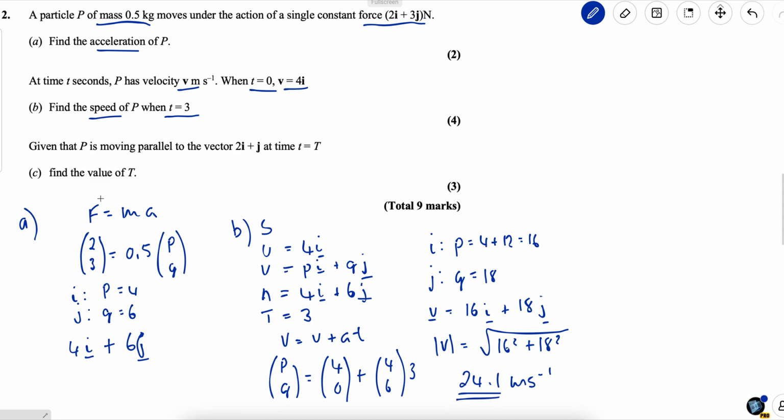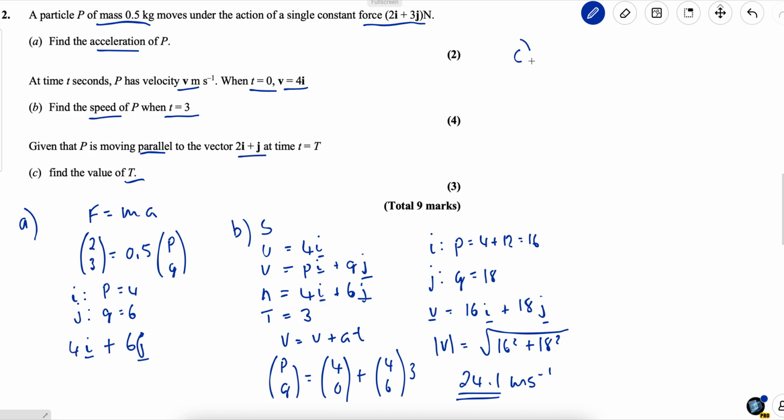For part C, given that P is moving parallel to the vector 2i plus j at time t, find the value of t. If two particles are moving parallel, their velocities are parallel. So one will be a scalar multiple of the other. So the velocity of P will be a scalar multiple of 2i plus j.